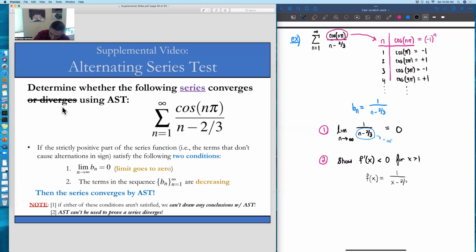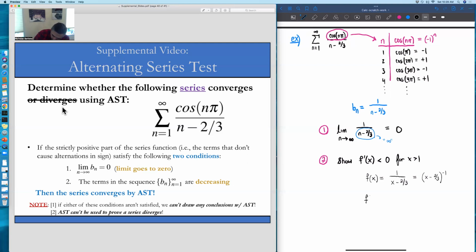So you have 1 over x minus 2/3. And to practice some chain rule and avoid a quotient rule, I'm going to rewrite this with a little bit of algebra. So we can rewrite this as x minus 2 over 3 raised to the minus 1 power. The reason for doing that is, instead of doing a quotient rule, we can do a chain rule type differentiation, also just to practice a little more algebra.